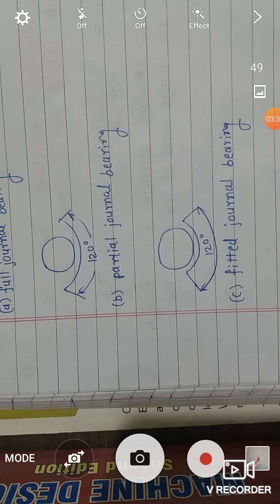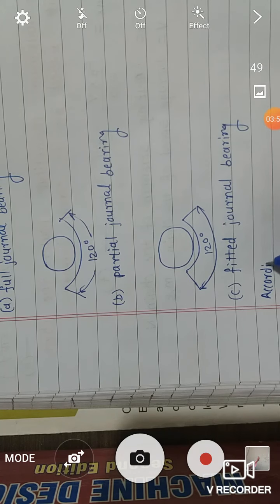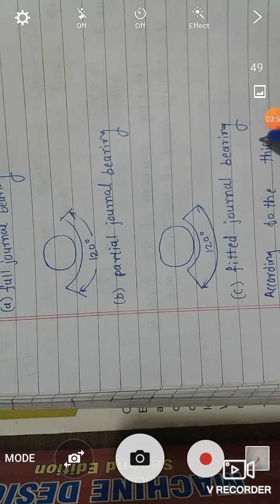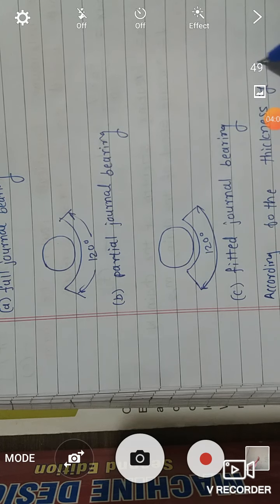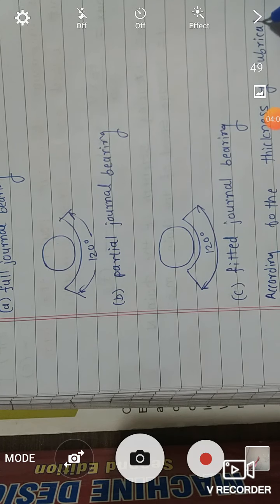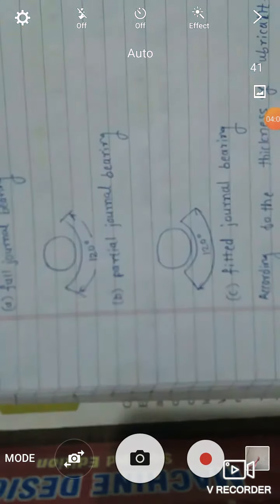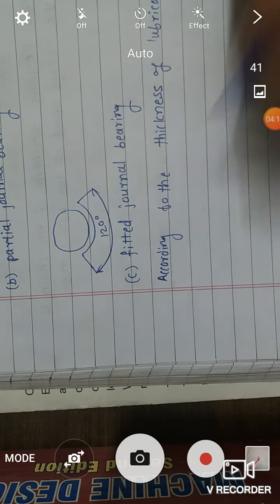According to the thickness of the layer of lubricant between the bearing and the journal, it may be classified as follows. According to the thickness of lubricant, it is classified into 4 different types.